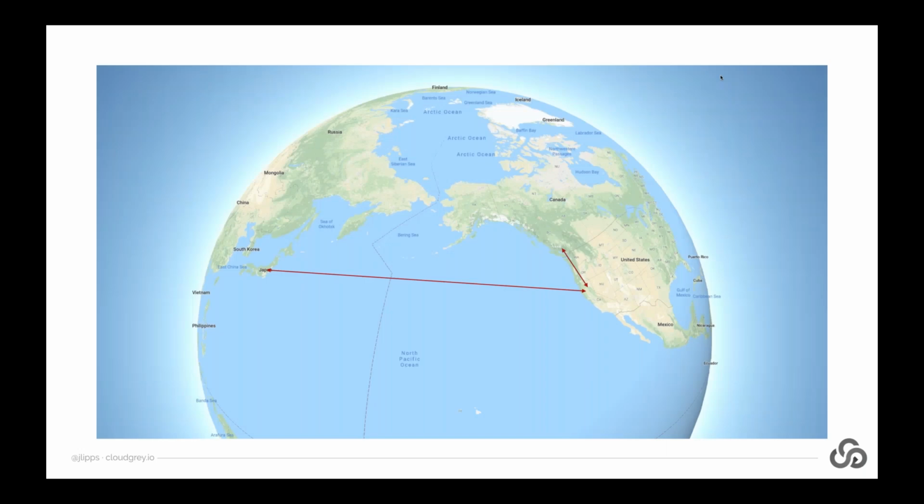So here's an example. This is what I actually ran in my experiments with this. We've got commands going from Vancouver to a load balancer in California and then over to Japan, where this is not completely out of the way, but there is a more optimal path for my request to take, which would be if I went directly from Vancouver to Japan.